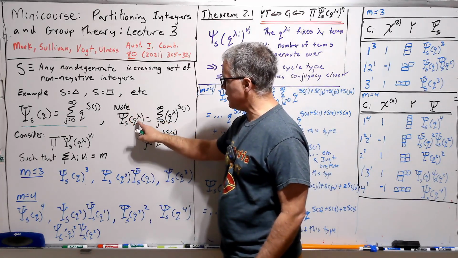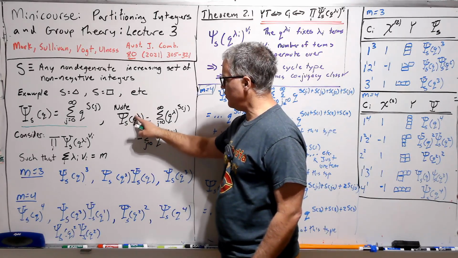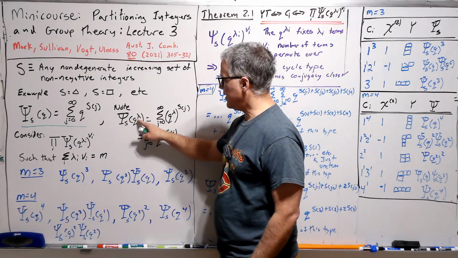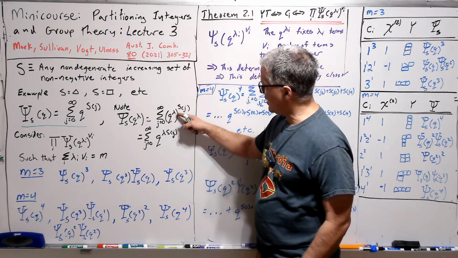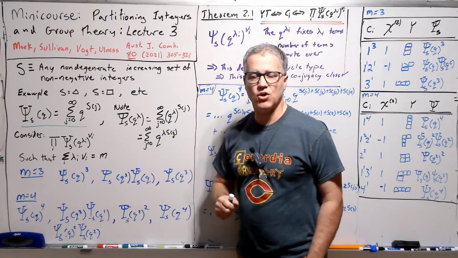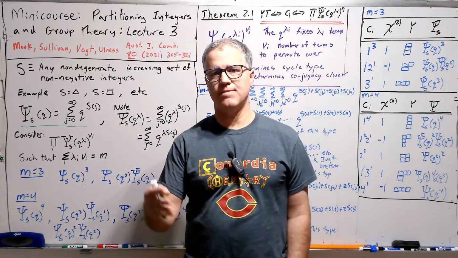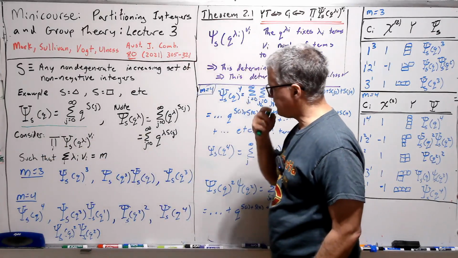One thing to note here, we'll also be looking at powers of Q. So if we introduce Q to the lambda, okay, well that just plugs in Q to the lambda here, and then by properties of exponents, it essentially multiplies each member of the set by lambda. So it multiplies that exponent.